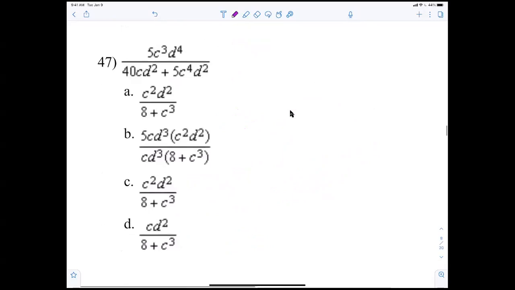Okay, now you have to be careful here because I really prefer that you pull out the GCF. So there's a common what here? 5. Then how many C's can come out? Square. Just one. Oh, I forgot. And then the D's, 2 come out. That's exactly correct. Open parentheses. Now remember, you divide and subtract. So 40 divided by 5 was 8.